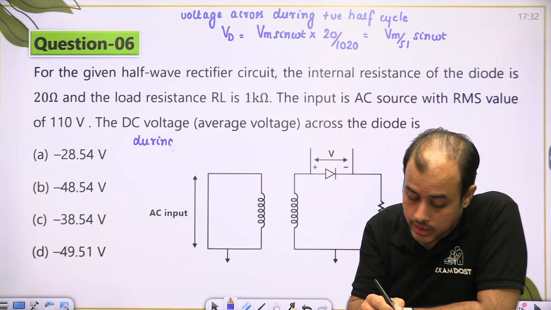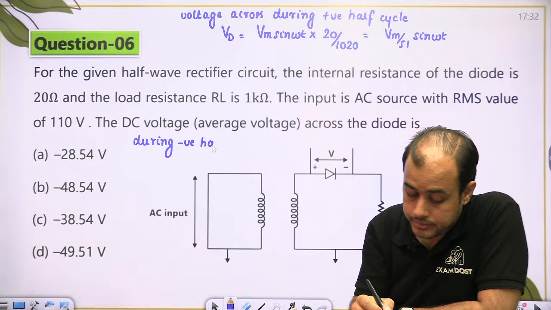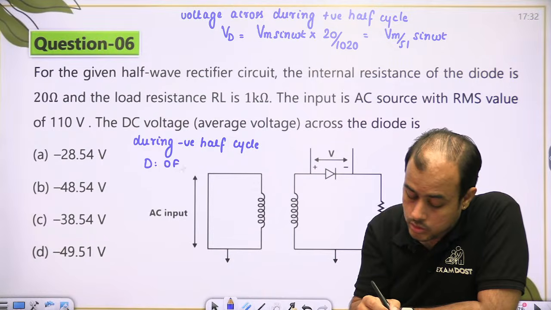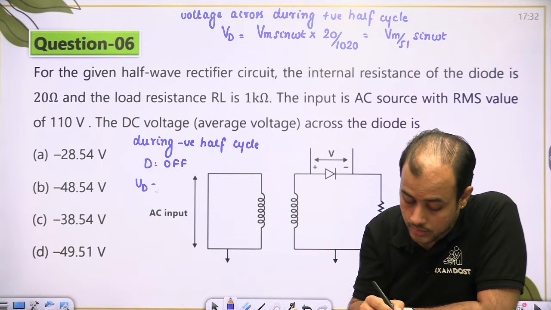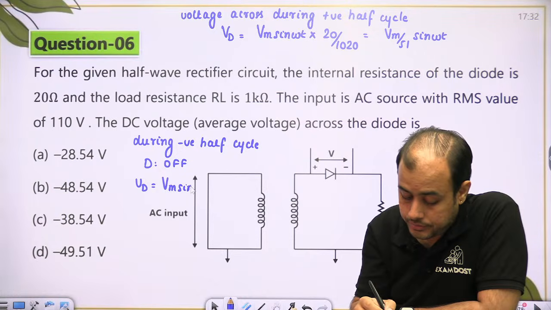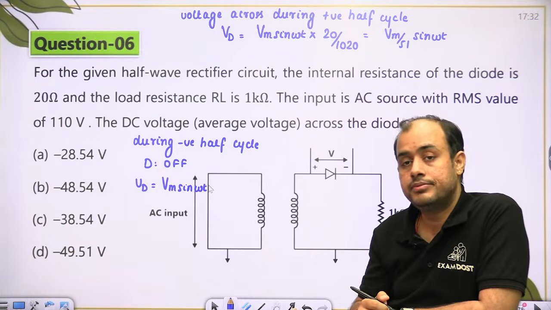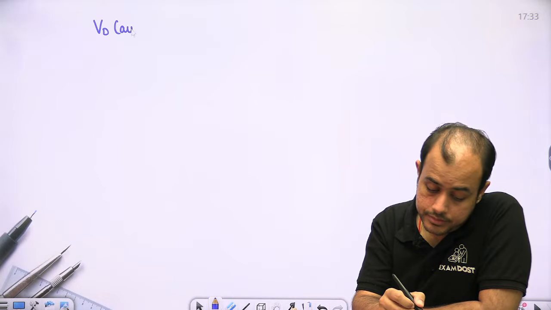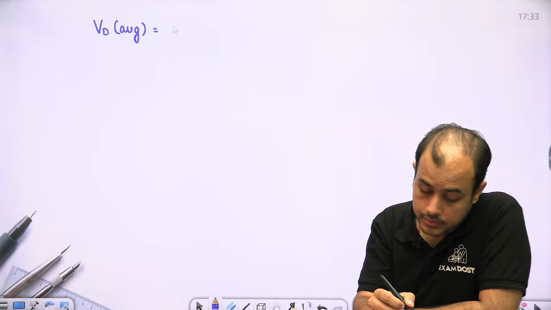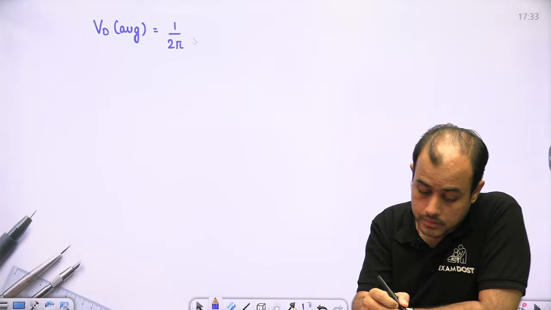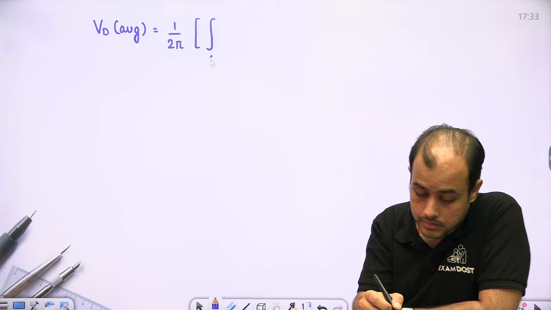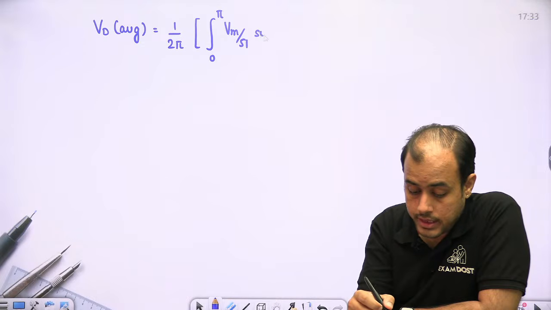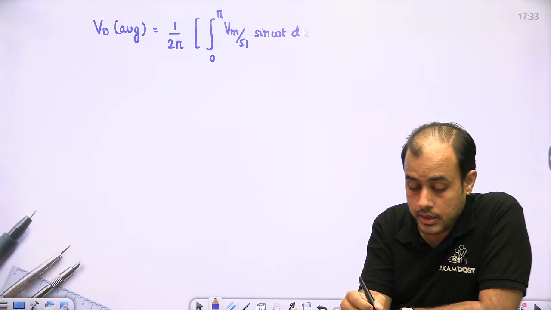And during negative half cycle, diode is off. So the diode voltage is fully Em sin omega t. So Vd average, Em by 51 sin omega t d omega t.